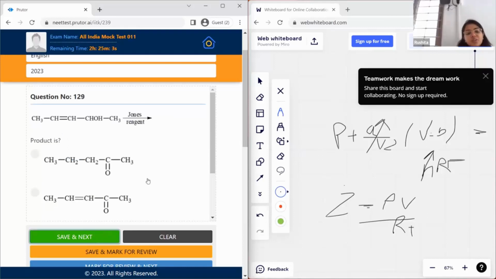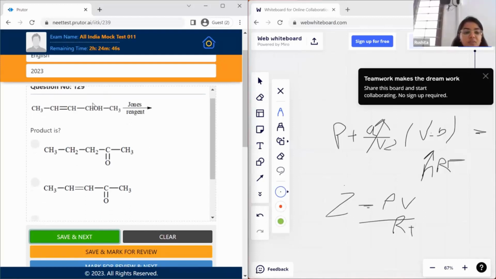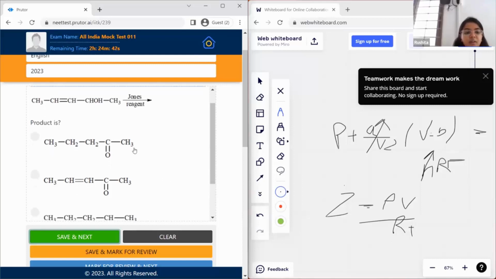Okay. You need to know Jones reagent. Jones reagent is something which oxidizes the OH. Not just OH, but anything it oxidizes. Jones reagent is used for oxidation. So here only OH is the one which can get oxidized, right? So out of all three, from the alcohol, a ketone would be produced.